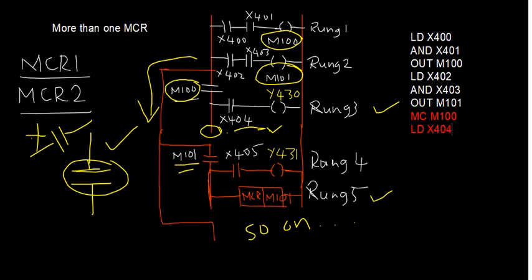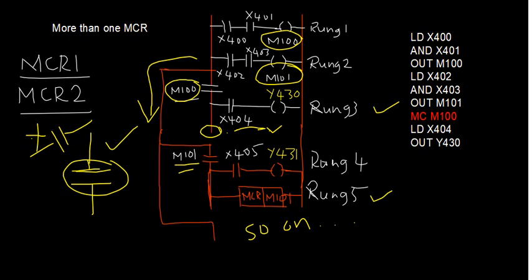Then the next instruction is OUT Y430: LD X404, OUT Y430. Now you don't have any other instructions written as long as the next rung is concerned here. Could it be MCR M100 or end, something like that?